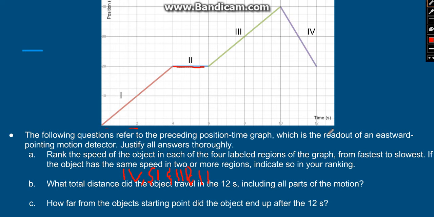Just from 0 to 10 seconds, we see that it did travel a total of 40 meters. So first we start off with the 40 meters, and then from 10 seconds to 12 seconds, it traveled another 20 meters.